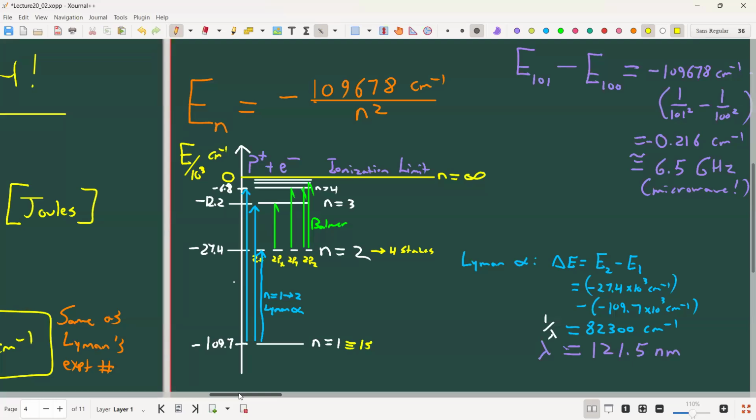And they're all the same level: the 1s orbital is by itself, and then the 2s and 2p for n equals 2, or the 3s, 3p and 3d for n equals 3, are all the same energy. It only depends on n. So what we would get are these series of lines, the Lyman, the Balmer and the Paschen series of lines that connect one of the lower levels to all of the infinity of the levels above.